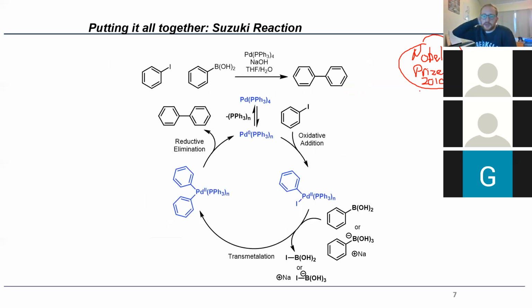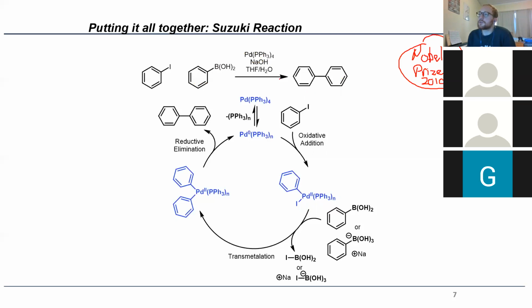Suzuki won it, as well as many other chemists, for contributions to transition metal catalyzed cross-coupling processes, which are by far maybe the most useful chemical reactions, at least in the pharmaceutical industry, as well as in many other chemical industries, for the ability to build molecular complexity in a mild, selective and controllable fashion. These have really revolutionized the way we do chemistry.